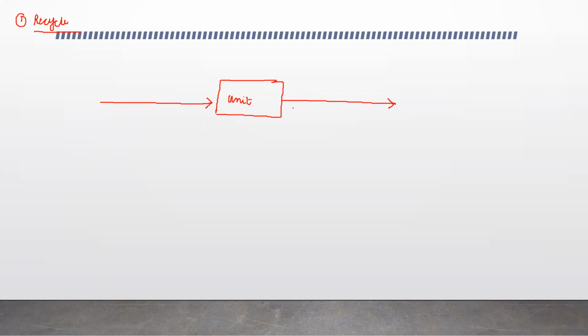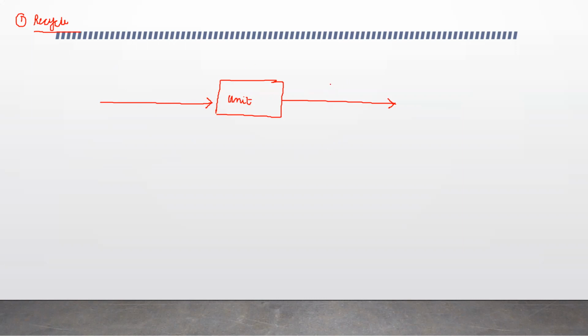Now, whatever you obtain may be very properly processed, but in most cases the stream that you're getting out is not properly processed. Also, in certain cases, we have to send some of the stream back in order to increase the efficiency of the process.